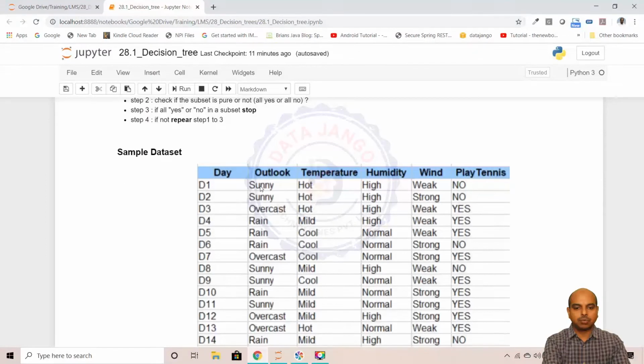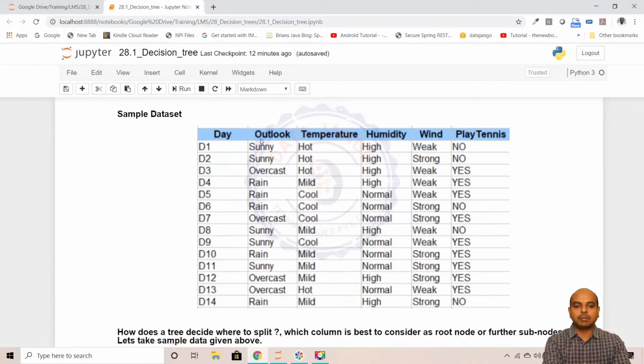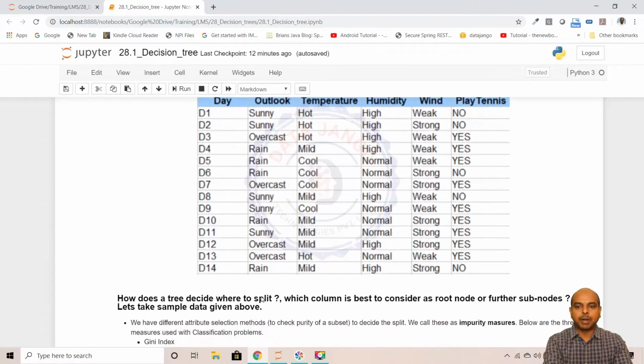If you see this, 1, 2, 3, 4, 5, and the total number of records is 14. So probability of sunny is 5 by 14. And then probability of yes given sunny: sunny no, sunny no, sunny no, sunny yes and sunny yes. So there are two sunny days which are yes.